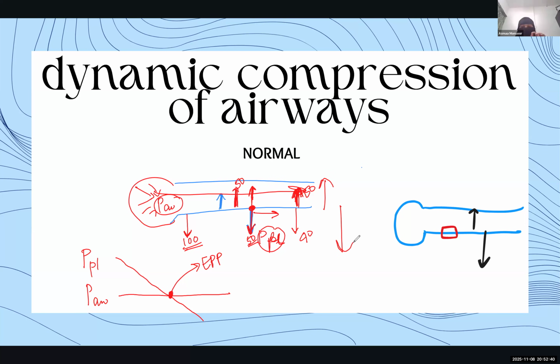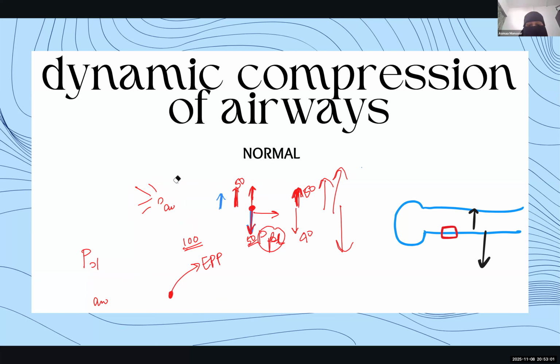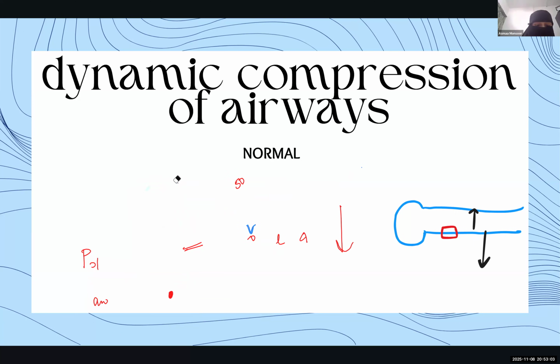After this point, usually you would expect the airways to get collapsed. Why? Because the inward pressure will be high in that case. However, this doesn't happen, because in that case you will have the cartilage. The cartilage will be keeping it patent. All right, so this was all about the normal thing. You don't need to know much detail, just about the equal pressure point, and that's mainly what you need to know.